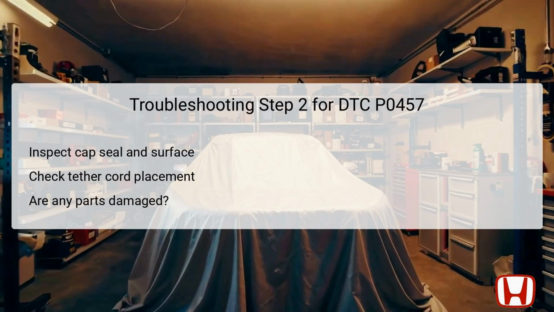Additionally, check the fuel fill pipe surface for any wear or damage that might interfere with sealing the cap correctly. It's also important to verify that the tether cord isn't caught under the cap, as this could lead to improper sealing. If you're unable to find any issues with these parts, you can conclude that they are functioning correctly and move on to Step 3 in the troubleshooting process.